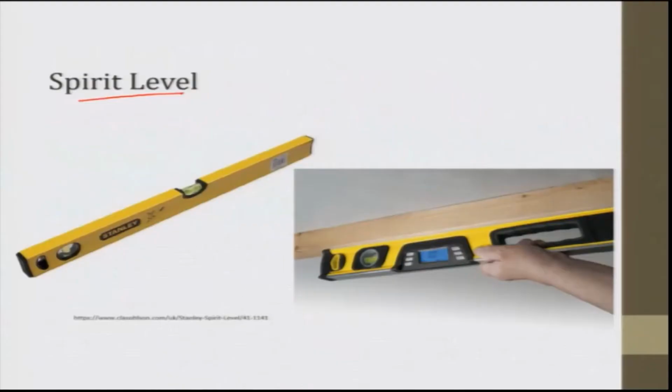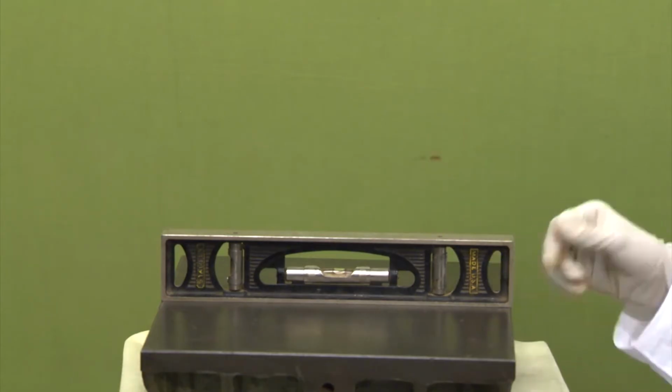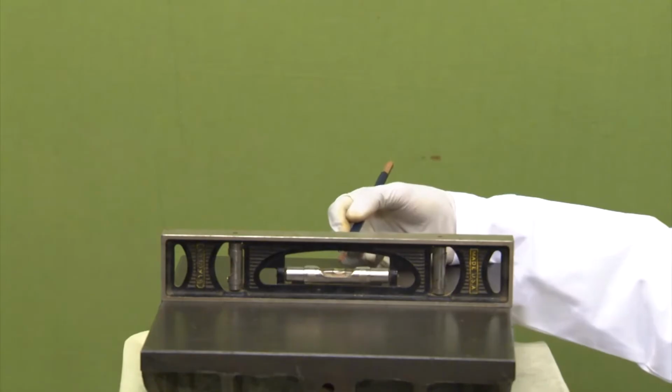The spirit level that we have here is a 12-inch spirit level. The length is 12 inch. It has various components. It has a bubble in the vial.